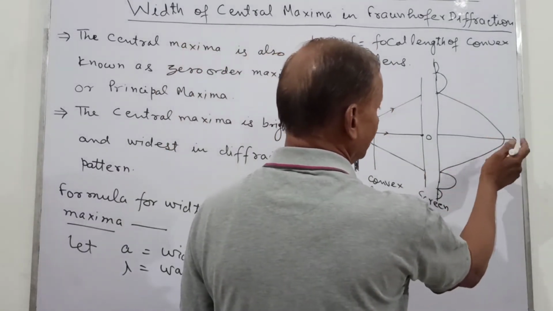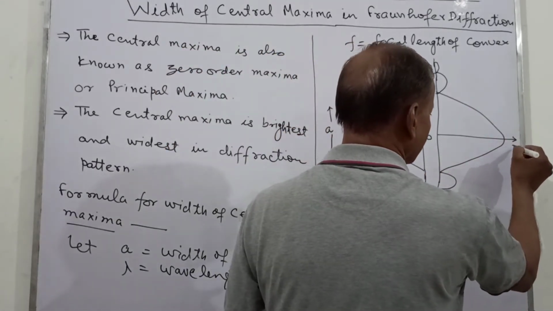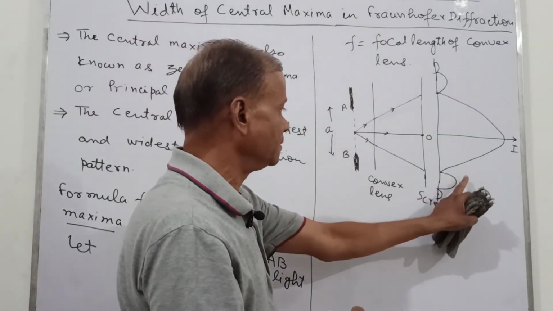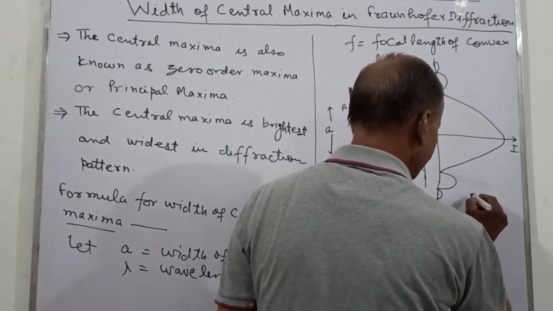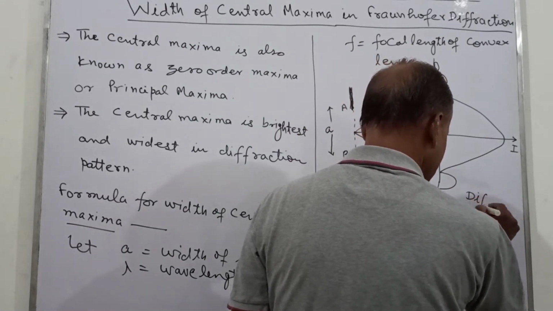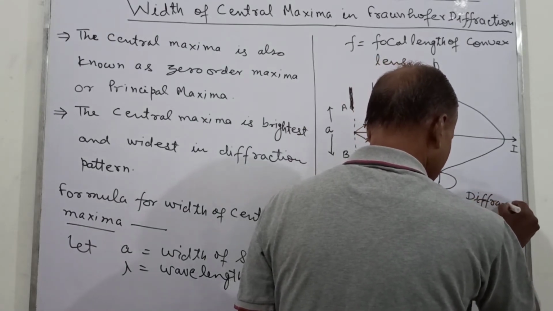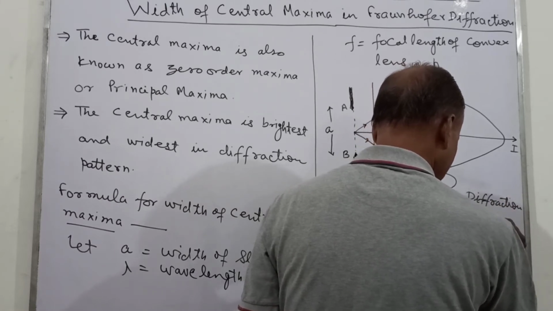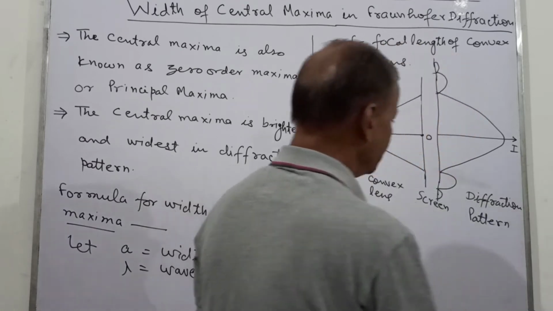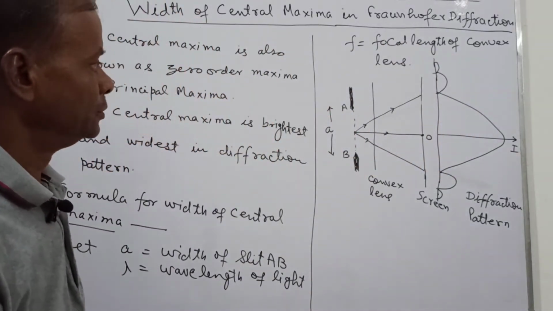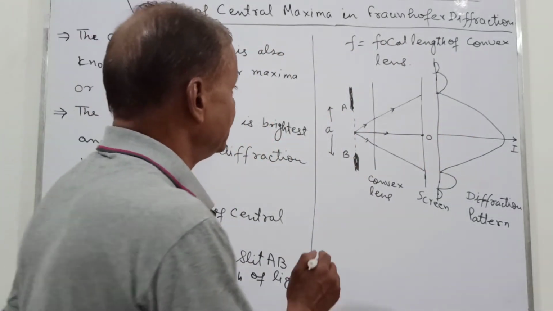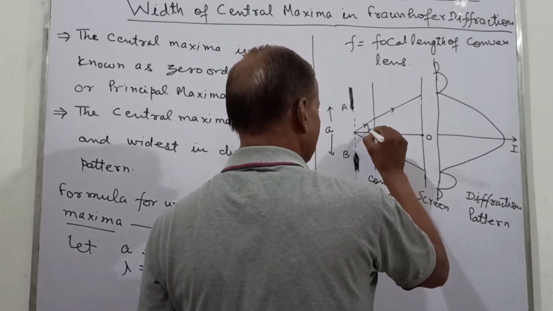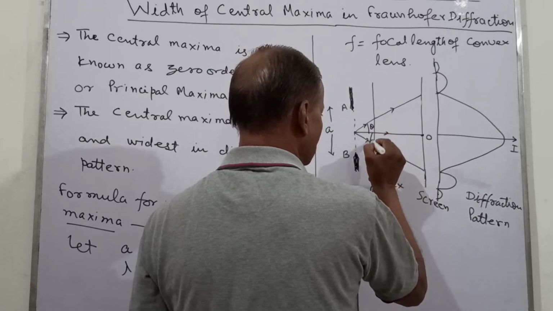This is the intensity I. This is the diffraction pattern. So I have shown you that this is the angle theta. Here, this is angle theta. This is also the angle theta.